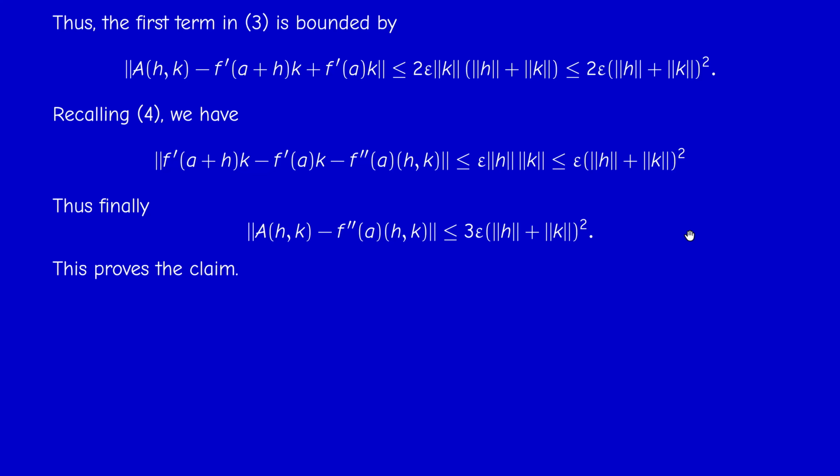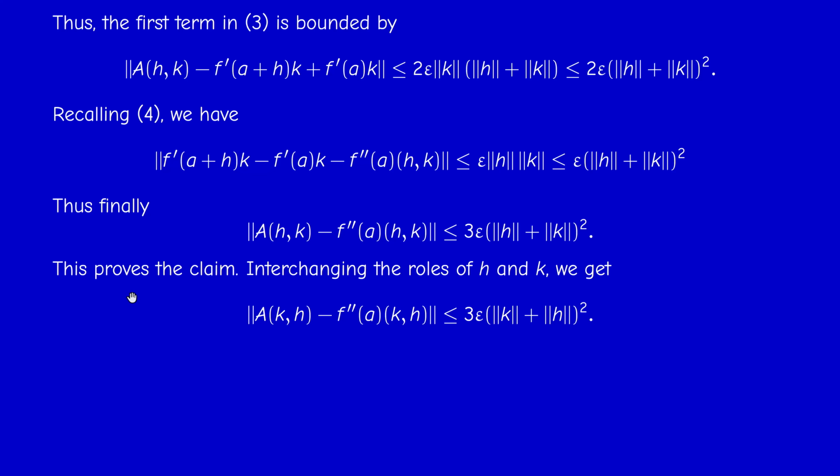Now we are almost done. Since h and k are arbitrary in E, we can interchange them. So when we replace h by k and k by h, we get akh minus f double prime of akh, and we get here the same thing, norm of k plus norm of h squared. So these two are equal.